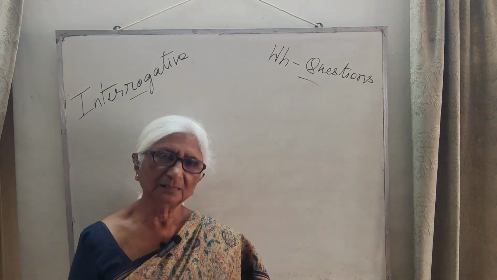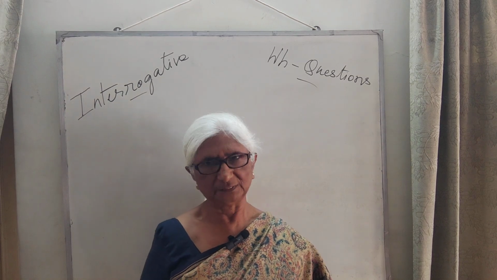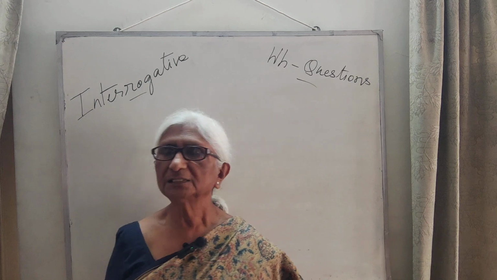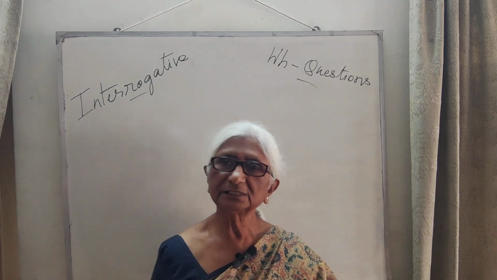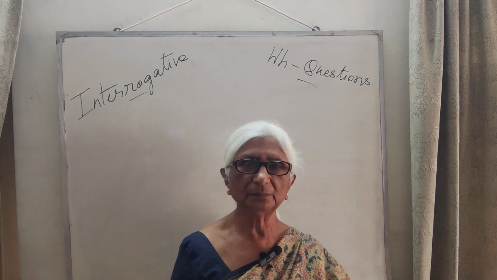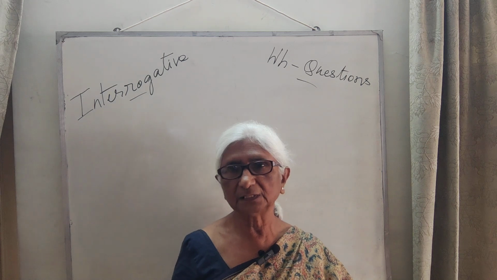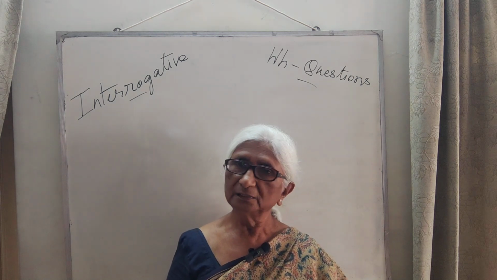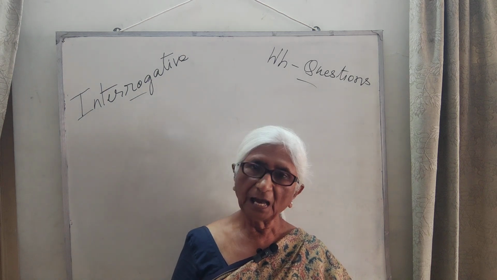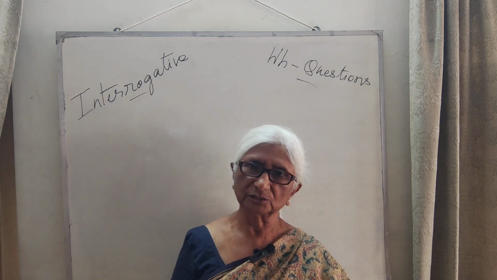Today we are back again with interrogative sentences, but with WH words. The questions begin with WH words. Last time I told you all the words that start with WH, all the question words that start with WH are WH words, except how. How doesn't start with W, but still it is called a WH word. Now in WH word questions, we have the same method that we used in the yes-no question pattern.